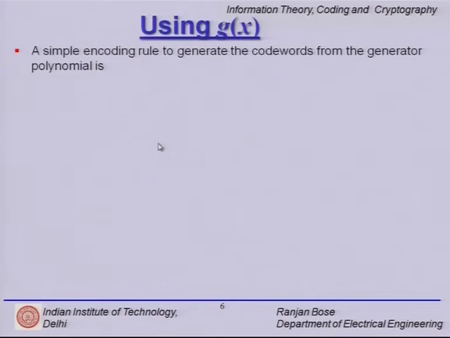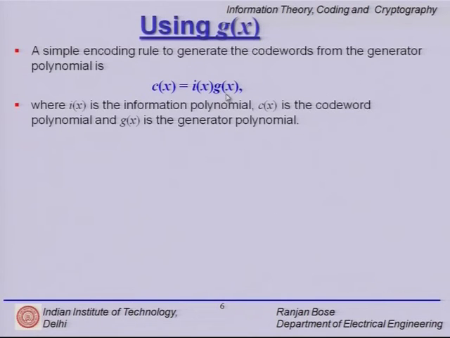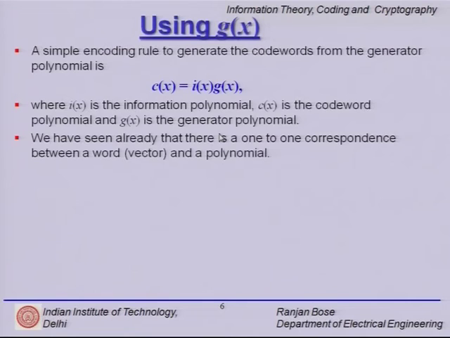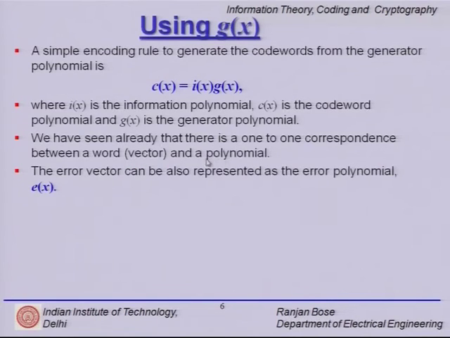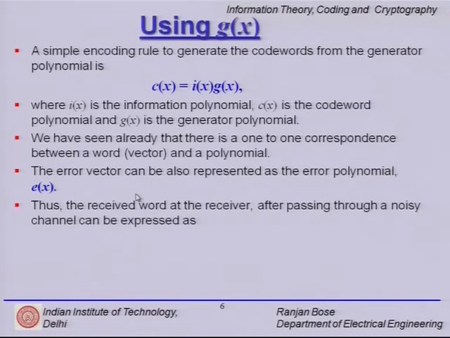So, we now look at how we use g(x) to generate a code word polynomial c(x). It is simply the product of an information polynomial i(x), of degree k minus 1 or less, multiplied with g(x), the generator polynomial. We have already established a one-to-one correspondence between a vector and a polynomial. Therefore, an error vector can equivalently be represented by an error polynomial e(x).